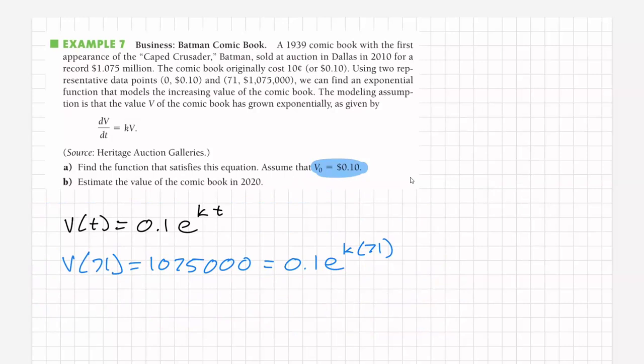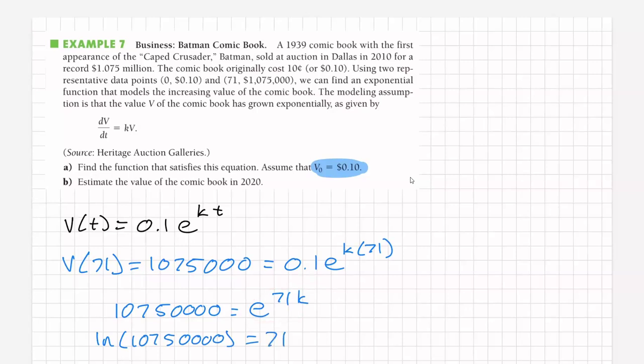All right, so to solve this, first we need to multiply both sides by 10. As I showed quickly before, in order to solve this exponential, we're just going to use the natural log on both sides. What you'll find the most straightforward is, since this is just e to some power, you could go ahead and just write it as the natural log of that value. And at that point, we'll have our k value, dividing both sides by 71.